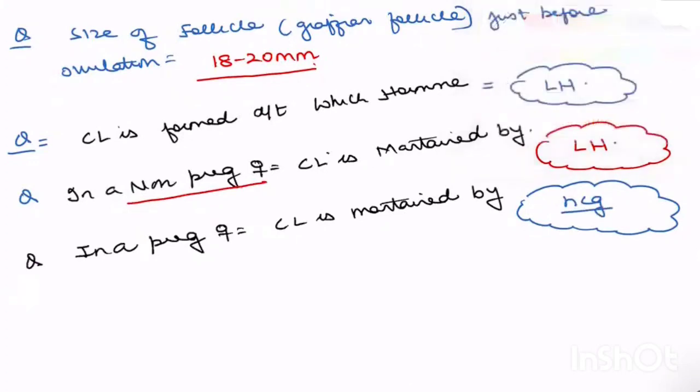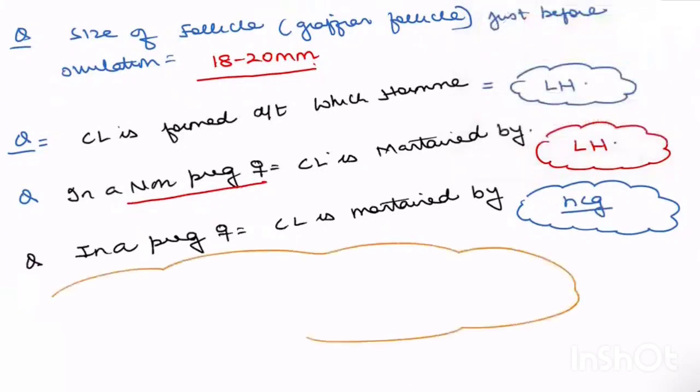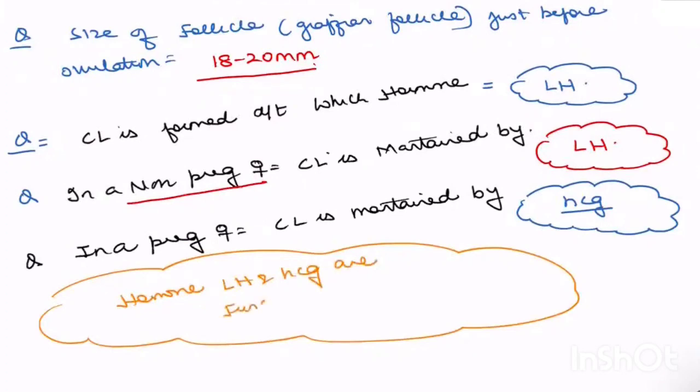This is the reason why we say that hormone LH and HCG are functionally similar. They are functionally similar, right? Because the hormone which maintains, Akshay, it is not progesterone, it is HCG.